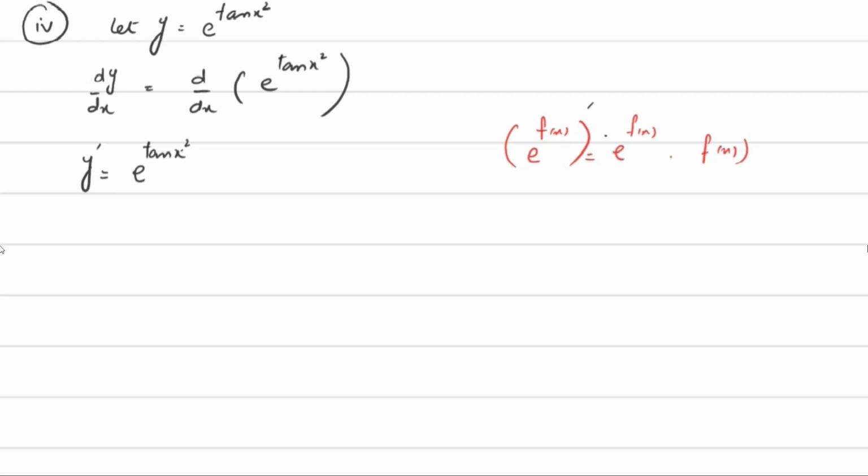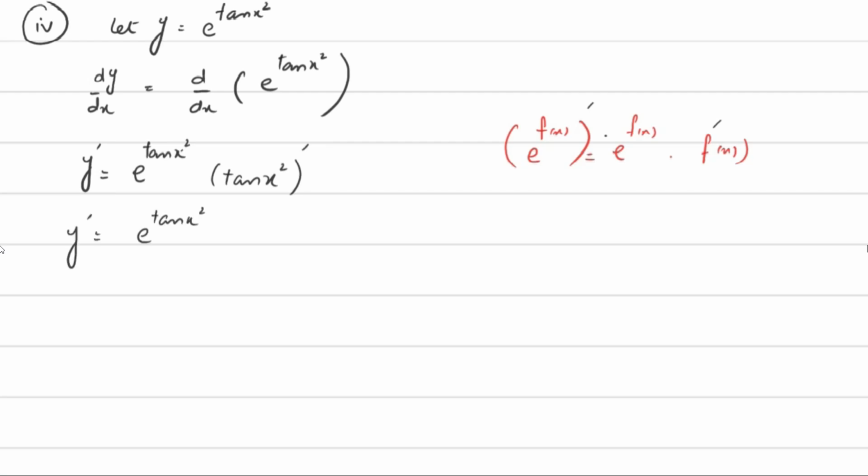So we have to write e raised to the power f of x times f dash of x. Fine. So e raised to the power tangent x square will stay the same.